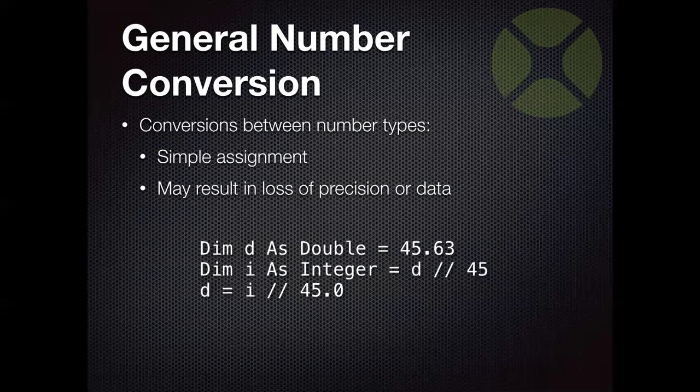And the integer will now contain just the integer part of that, so it'll be 45. So I've lost data there. I've lost the decimal portion of that double. But I can also assign the integer back to the double, and now the double will just contain 45.0. So essentially that 0.63 got lost in the conversion, which is about what you would expect.